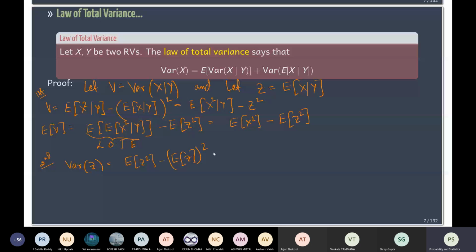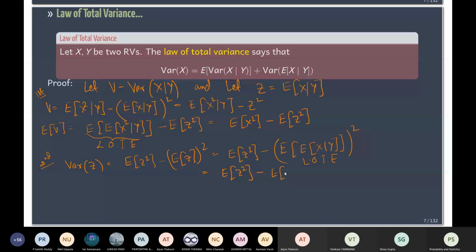Then we substitute, and again LOIE. So this is the expectation of z squared minus the expectation of x given y, bracket close, whole squared, which by LOIE is just the expectation of x, whole squared.